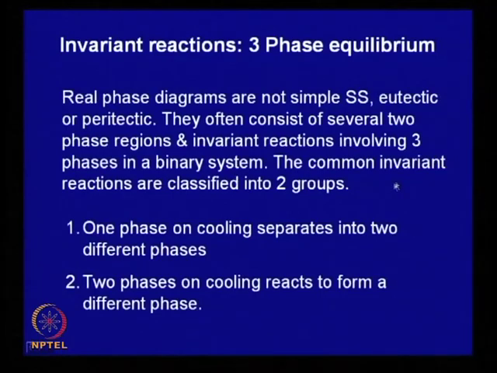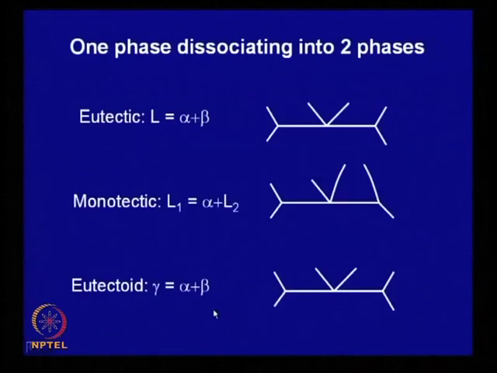Now, there are some invariant reactions other than eutectic and peritectic, and we will look at them. And we can broadly classify these invariants into two groups. In one case, one phase on cooling separates into two different phases, like that in eutectic, and in another case, two phases on cooling react to form a different phase, like in peritectic.